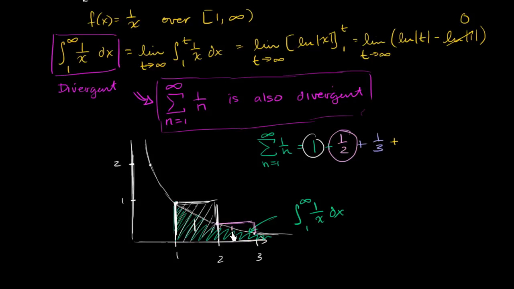So this is going to be 1/2. And then the 1/3 is going to be this one. And notice the actual area we care about, the improper integral, is all contained in these blocks. So this is going to be larger than this. But we've already seen that this is unbounded towards infinity. This is divergent. So if this is larger than this, and this is divergent, this goes to infinity, then this must also go to infinity. So that's exactly where the integral test is coming from.